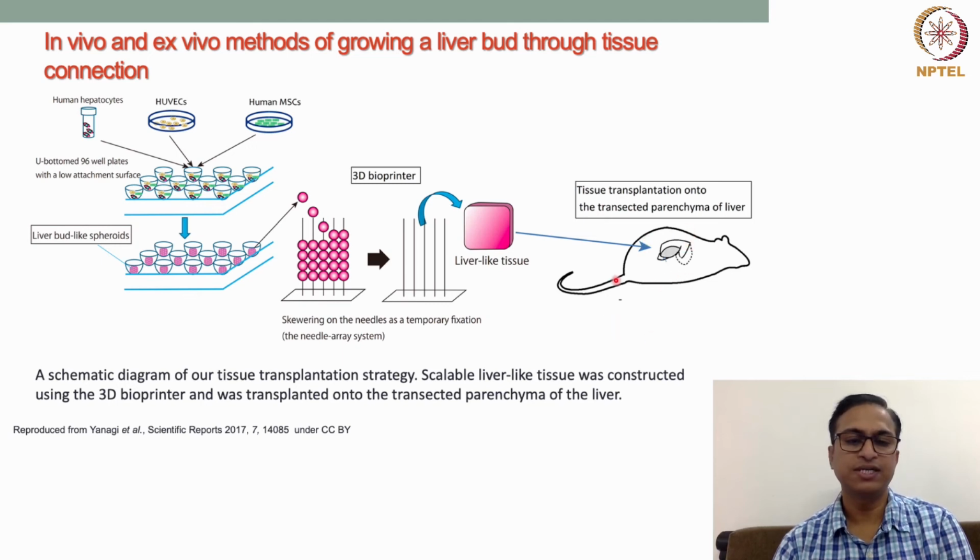So this is the strategy they have employed, just as the diagram shows here, and this is for a tissue transplantation strategy. A scalable liver like tissue was constructed in this case. This liver like tissue is not small, it's a good size, a good volume of tissue.